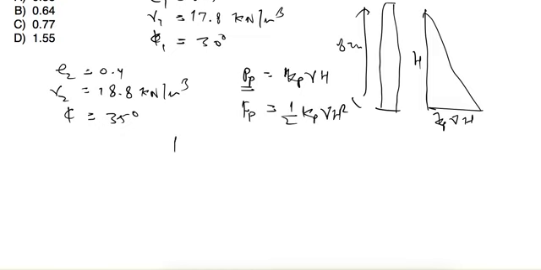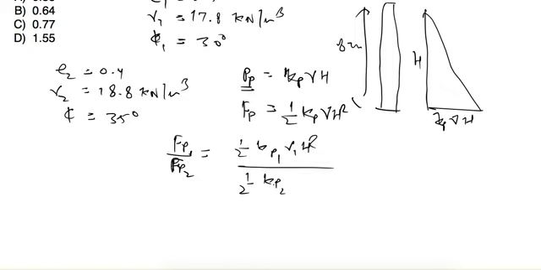So for two cases, Fp1 upon Fp2 is equal to half Kp1 gamma 1 h square divided by half Kp2 gamma 2 h square. So here the half is cancelled, h is cancelled, so we need to find Kp1 gamma 1 upon Kp2 gamma 2.